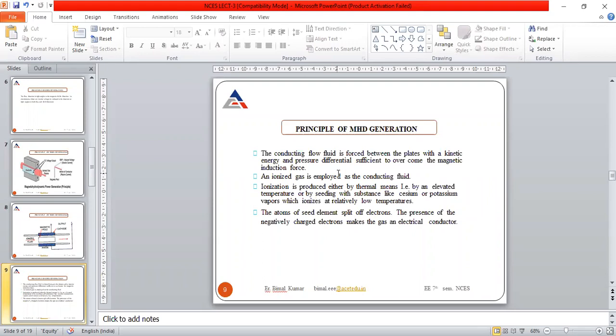This force, which is due to the kinetic energy of the fluid, will be more efficient in comparison with the force due to magnetic induction. That's why the ions will pass through the magnetic field with very high speed or velocity. So an ionized gas is employed as the conducting fluid.